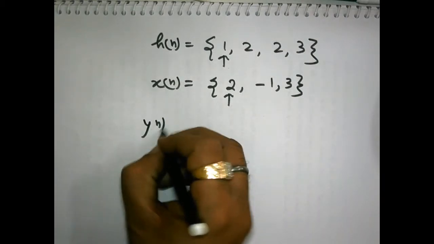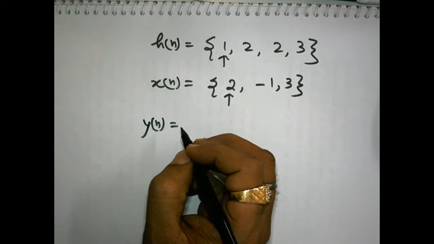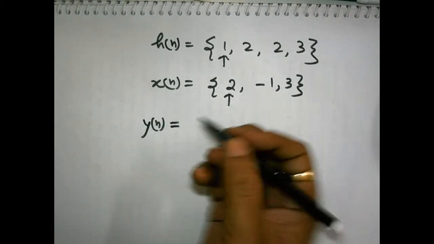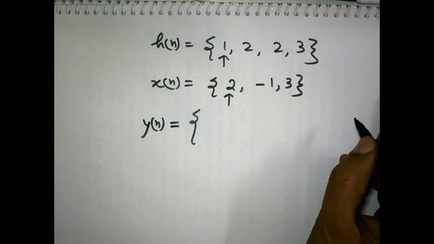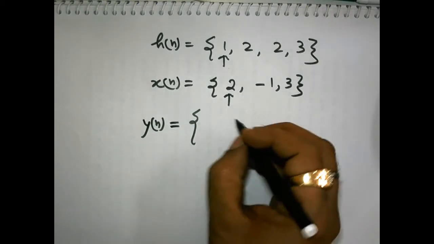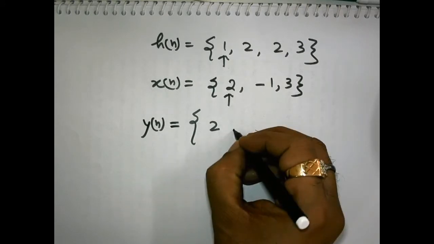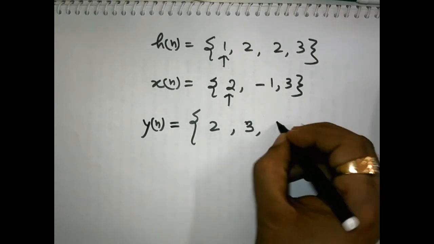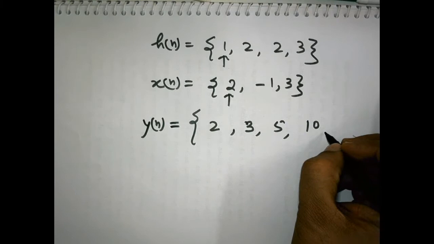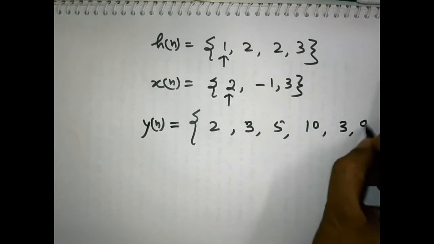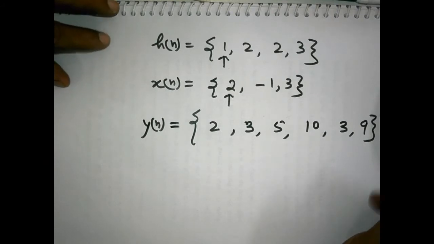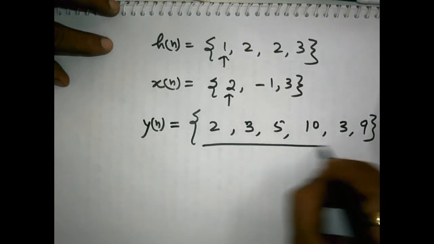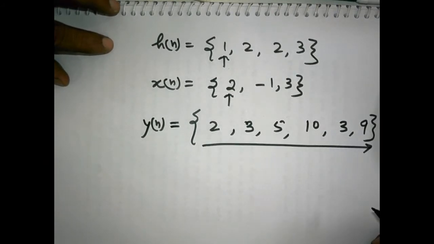How I will obtain y[n], the convolved output, I will show you later. But suppose I have evaluated the convolved output and it is obtained like this: 2, 3, 5, 10, 3, 9. Now what the earlier property says is that you take the summation of all the values obtained in y[n].